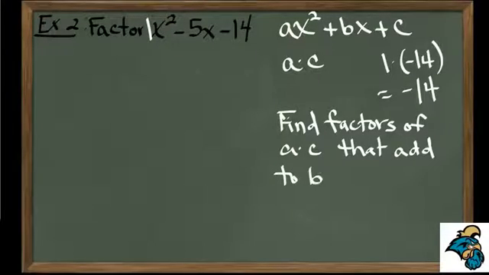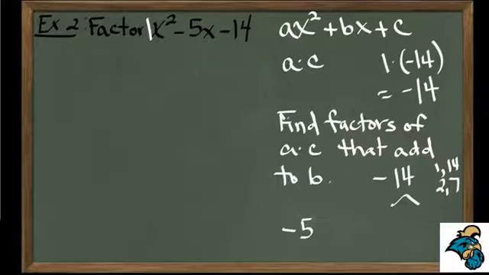So I'm going to find factors of my a times c that add up to b. So again, for my example, I need factors of -14 that are going to add up to -5.